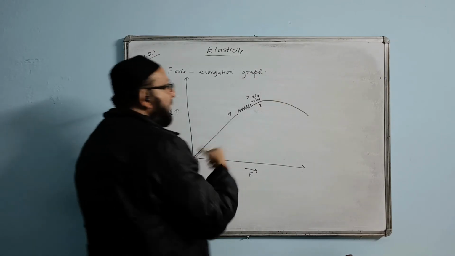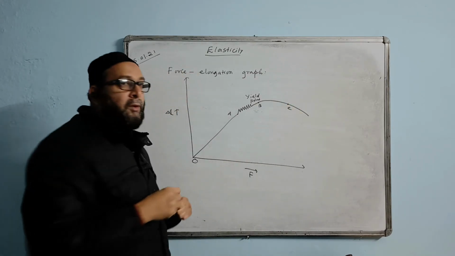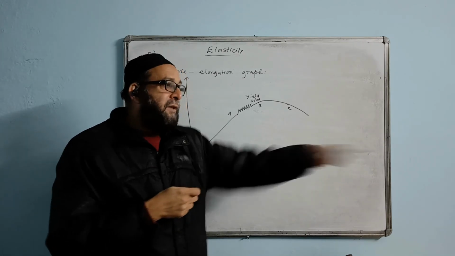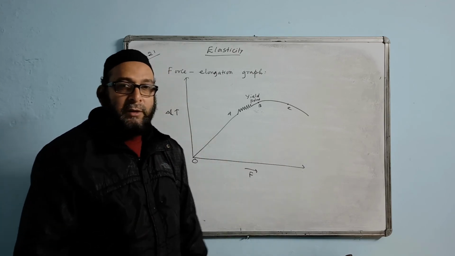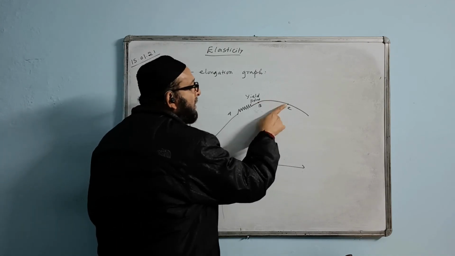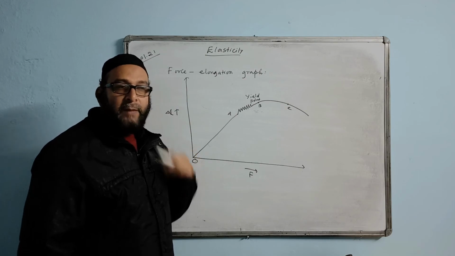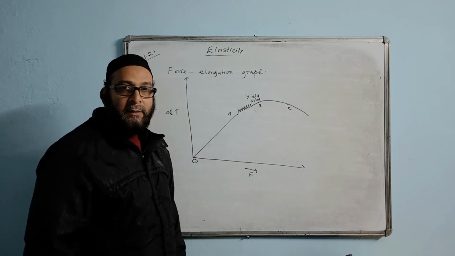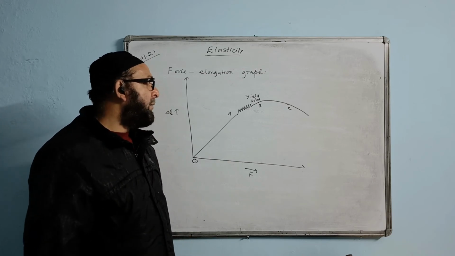Beyond the yield point, suppose we have a point C, the body becomes plastic. If you apply further force, it remains strained and does not come back. It remains elongated. Between B and C, the body acquires the property of plasticity, meaning it is not able to return.